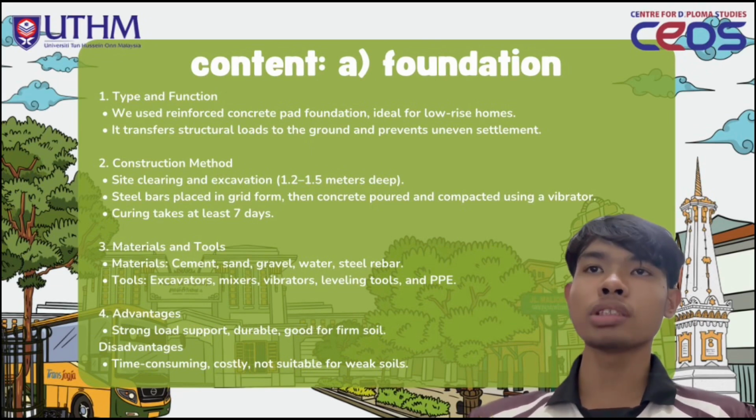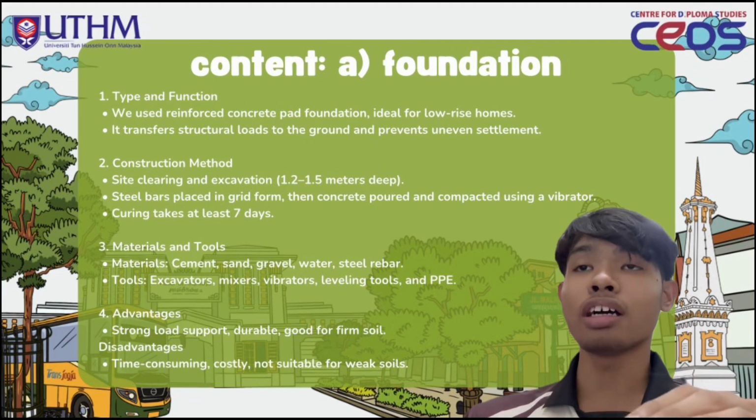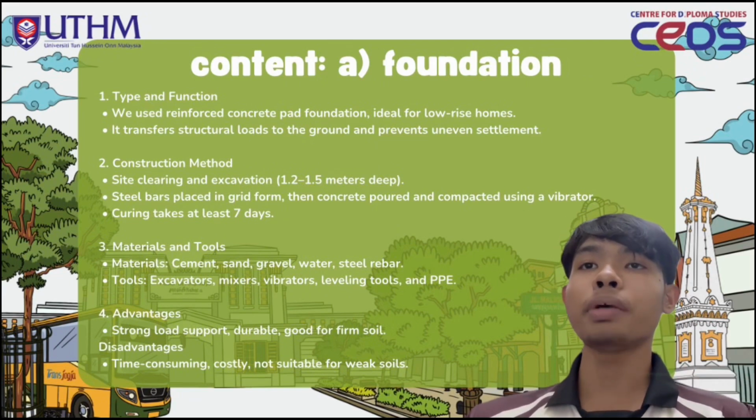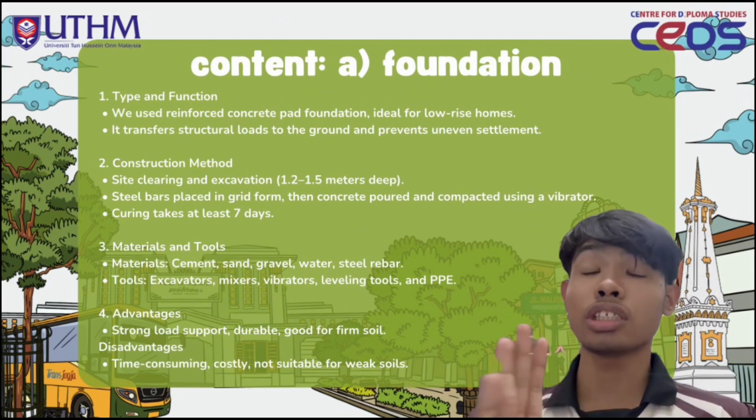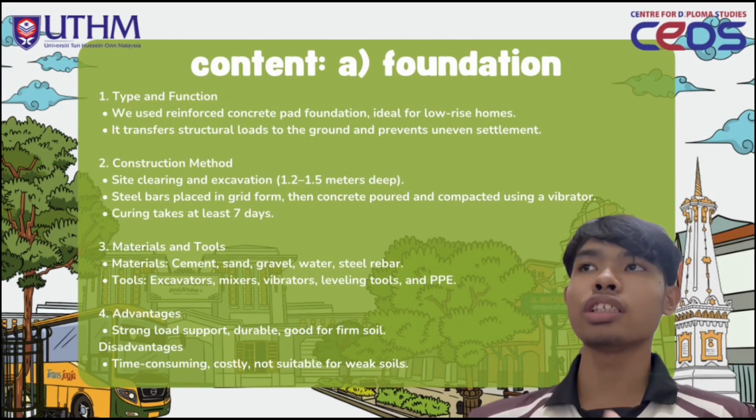Once the reinforcement was in place, we poured the concrete into the formwork and used the vibrator to remove air bubbles and compact the mixture. The concrete was then left to cure for at least 7 days to reach its required strength before further construction continued.